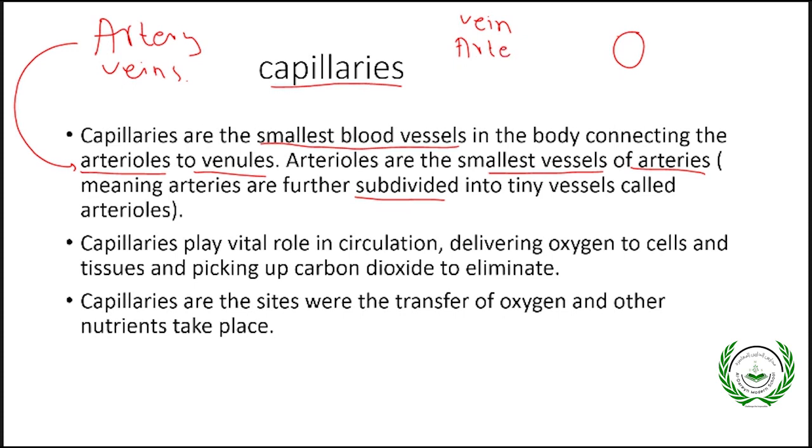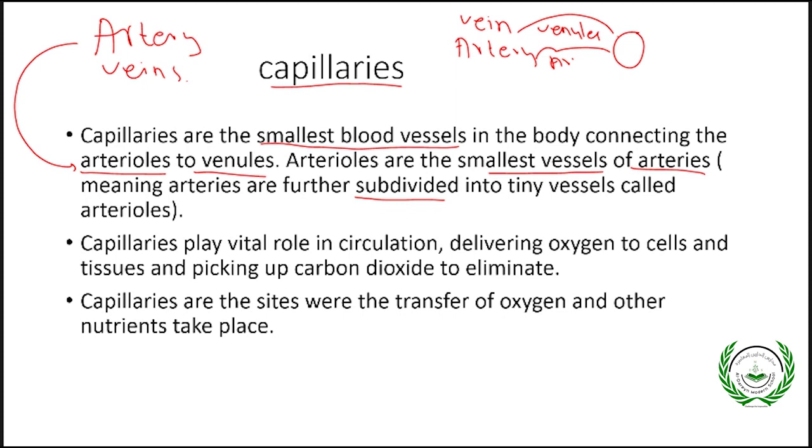When the arteries are further divided, they become arterioles, very small, narrow blood vessels. Arterioles are the smallest vessels of arteries. In other words, arteries are further subdivided into tiny vessels called arterioles.